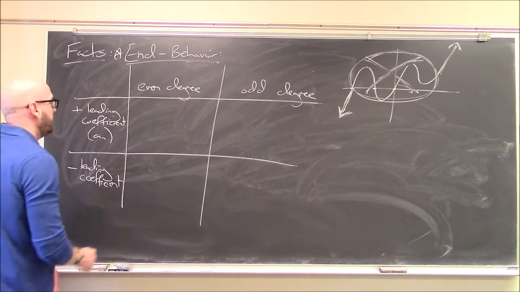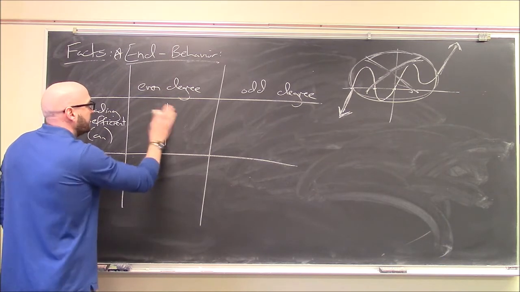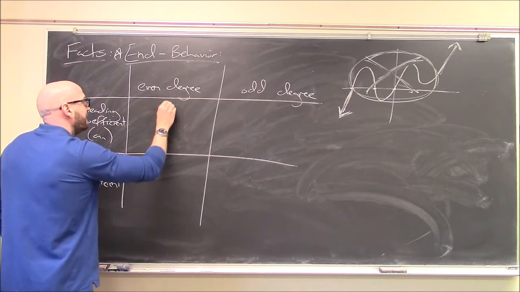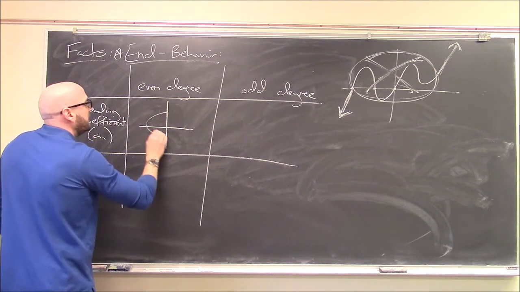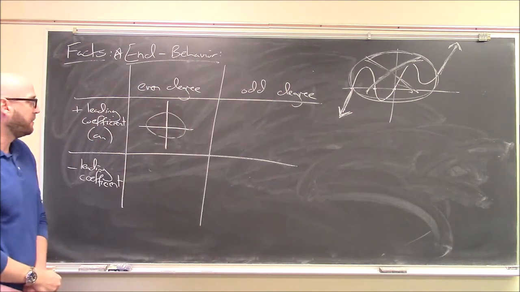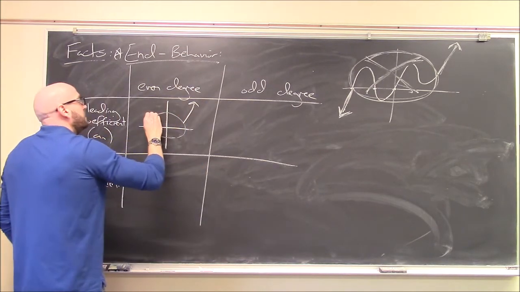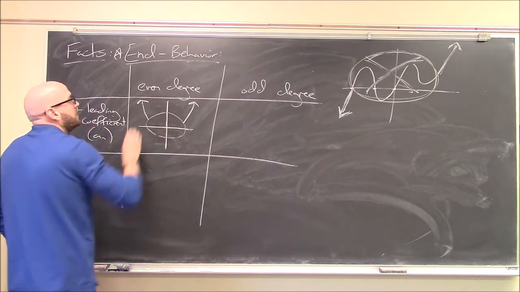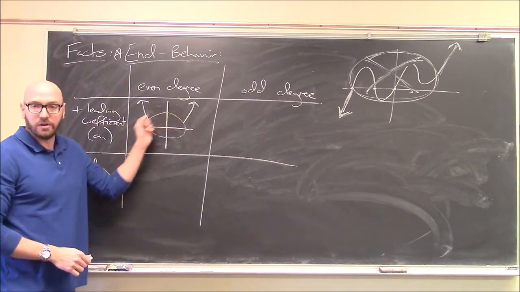Okay, if you're even degree with a positive leading coefficient, we've got all this stuff in here that we don't care about, but at the ends of the graph, an even degree polynomial with positive coefficient gets larger and larger in the positive direction.